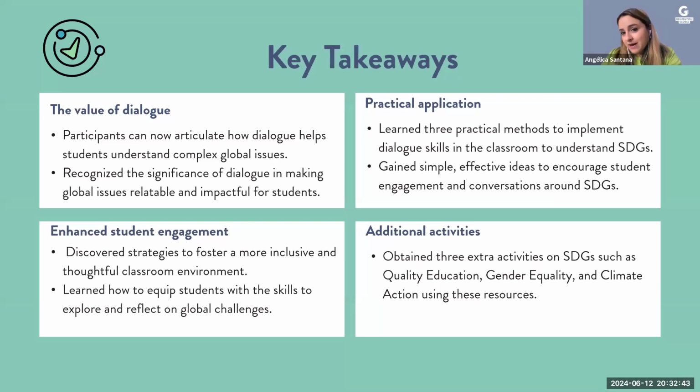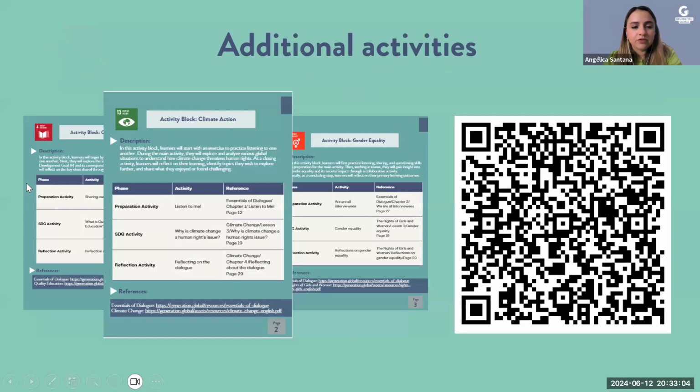You also received practical applications. There are three activities that are ready to use in the classroom, very simple but, in the end, very deep in the learning outcomes. And of course, there is good news. You can download in this QR code, and we are also going to share the link in the chat.